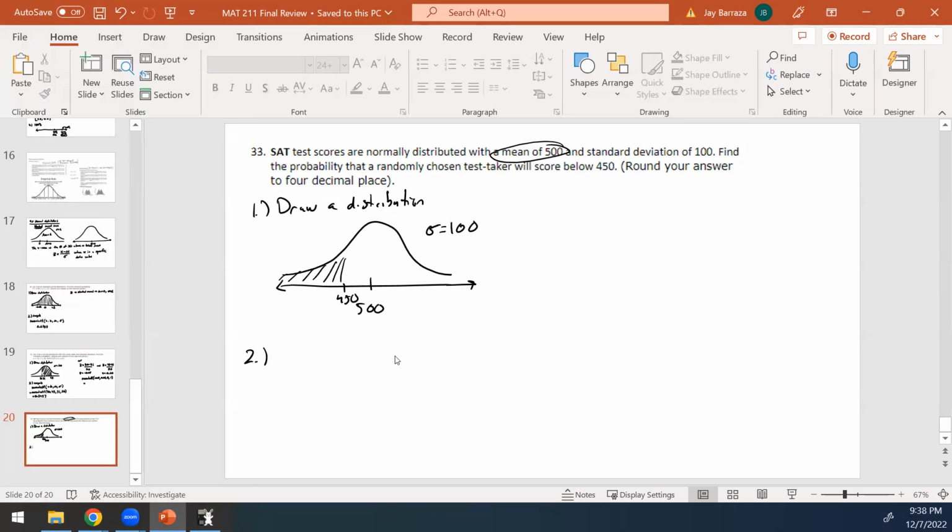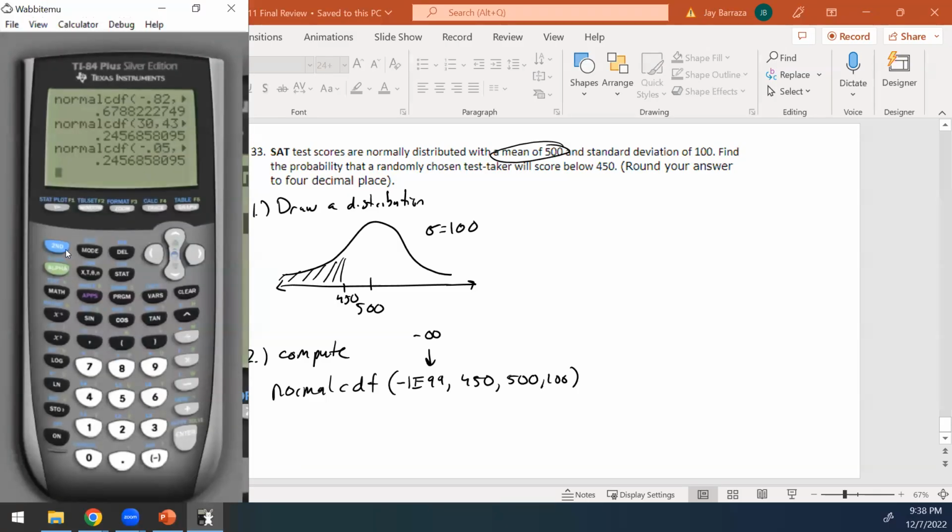So step 2 is to compute. So normal CDF. You're going to do negative 1 E99, comma 450, comma 500, comma 100, because this right here represents negative infinity. So let's type that into our calculator.